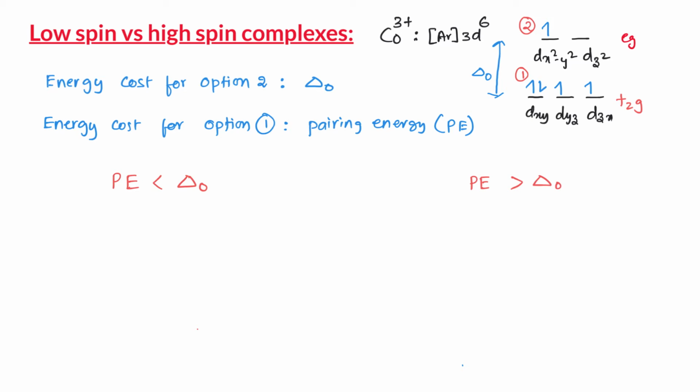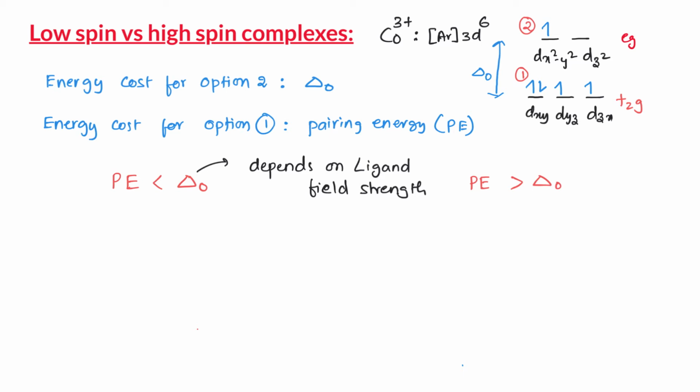The pairing energy is almost a constant, and based on the crystal field theory, we can say that the crystal field splitting energy depends on the field strength of the ligand. The greater the field strength of the ligand, the greater is its crystal field splitting energy.